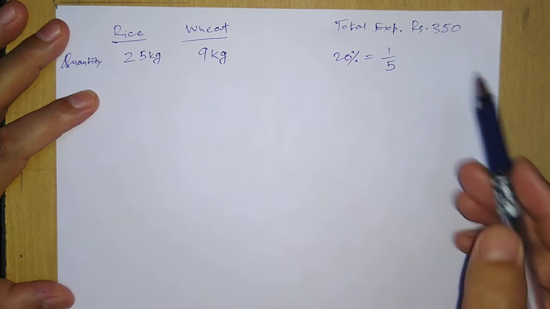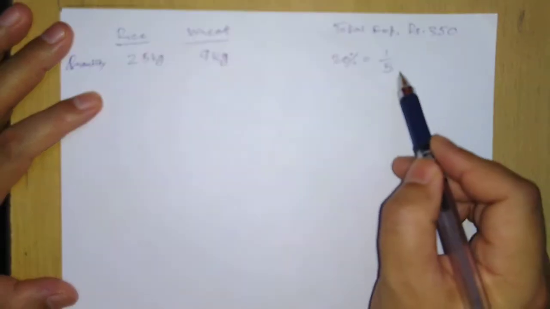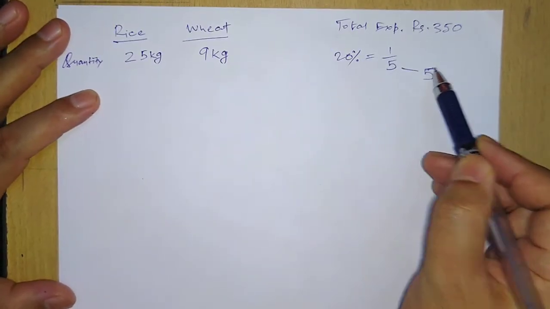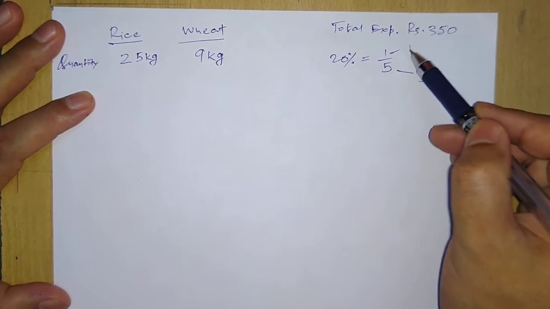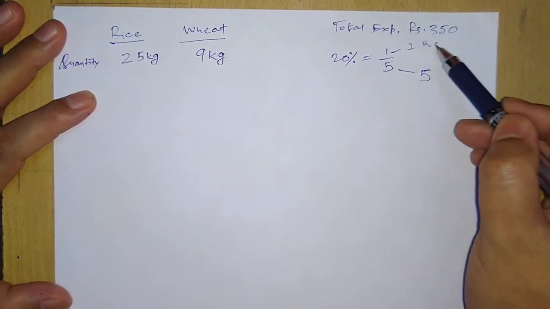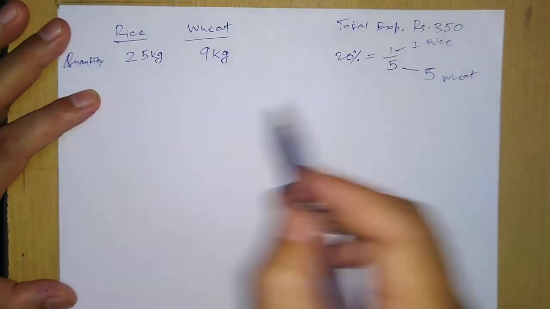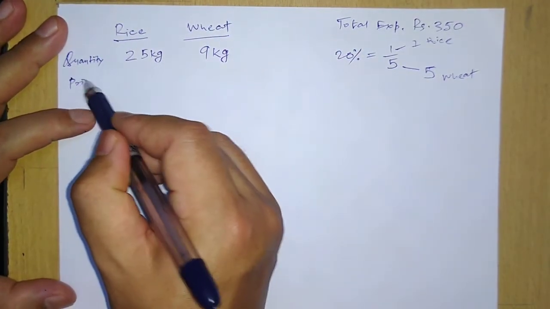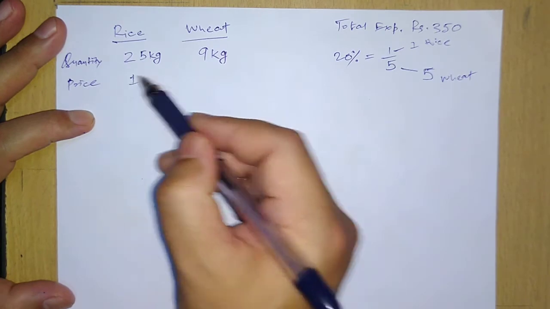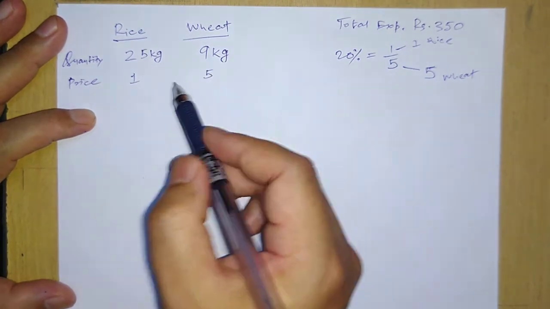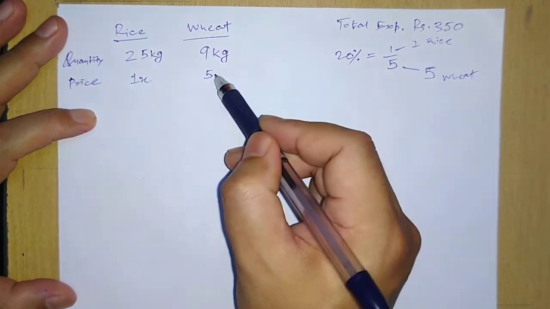So that means if wheat is 5 units, then rice is how much? 1. So the price, this will be 1 and this will be 5 units. Let's say our price is 1x and 5x.